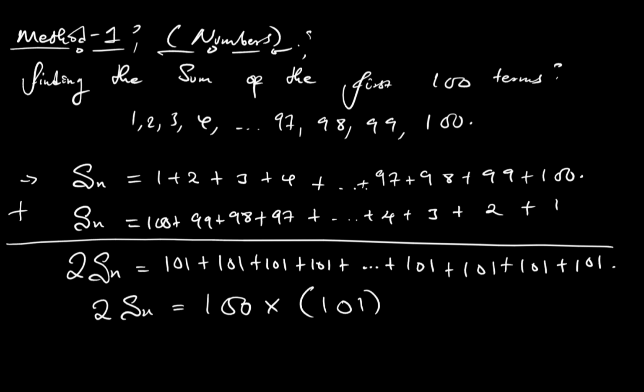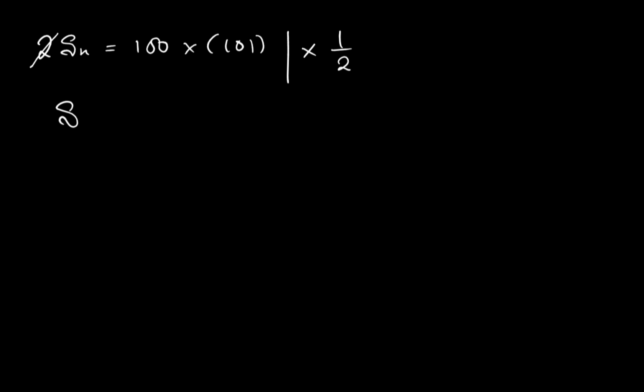And after that, what we can do next is that since we have 2 S sub n being equal to 100 times the constant sequence value, which is 101, all we can do is to make S sub n the subject of the formula. So I can divide throughout the equation by 2. That eliminates the 2 I'm having on S sub n. So I'm going to have S sub n is equal to now 100 divided by 2, that will give me 50 times 101.